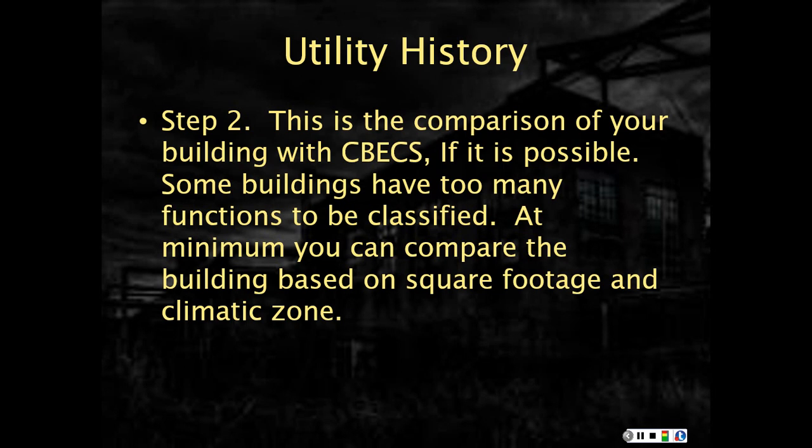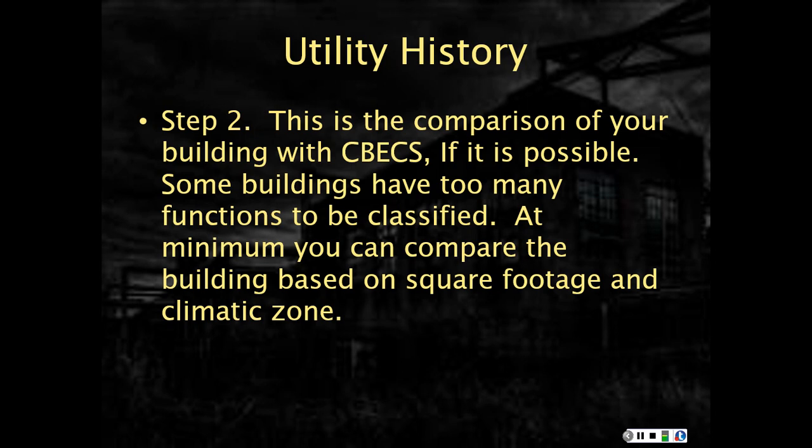Now, I still could go out to the Commercial Building Energy Consumption Survey, and instead of using the function, the line item above the function categories is simple square footage. I could take the square footage of the building and the appropriate climatic zone and get a rough idea of how my building compares with similar buildings of that square footage.